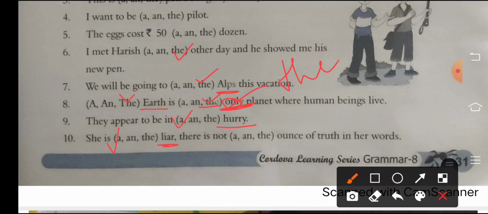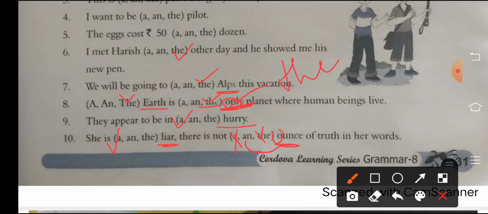Here she is measuring something, it is ounce of. This ounce starts with O, a vowel sound. So you cannot use the here. There is not an ounce of truth in her words. So she is a liar and there is not an ounce of truth in her words.